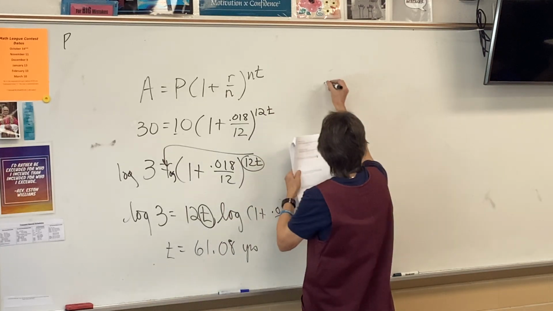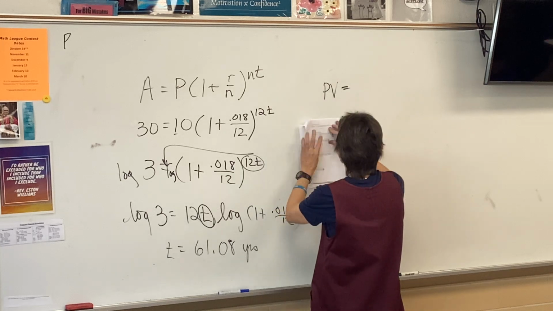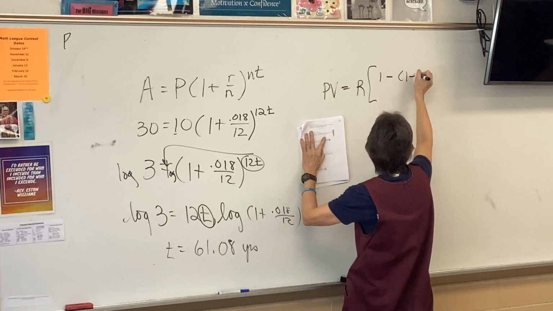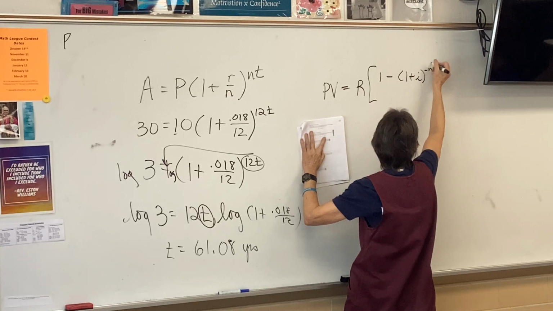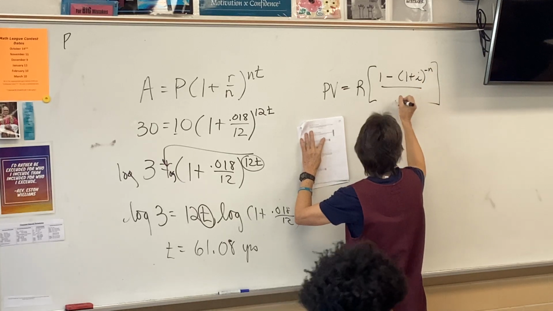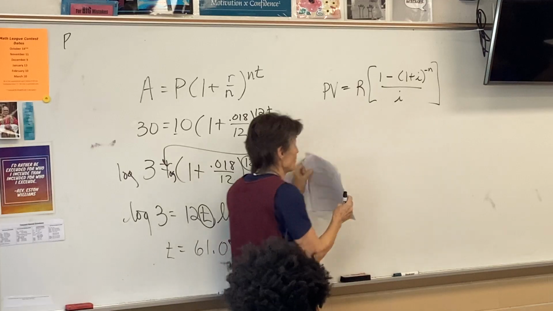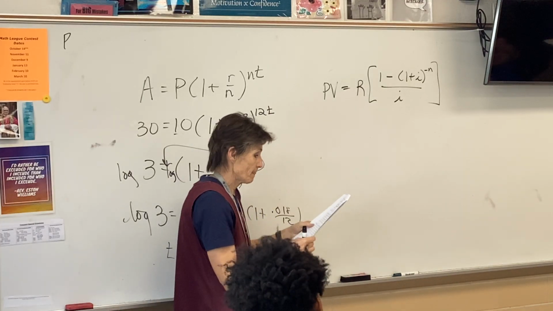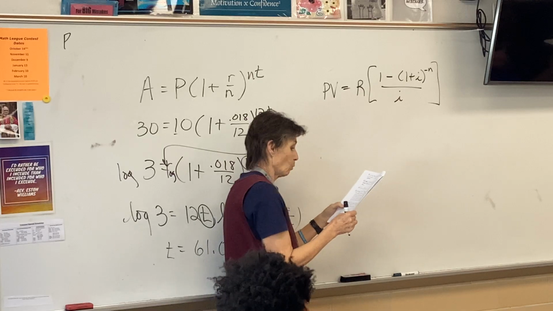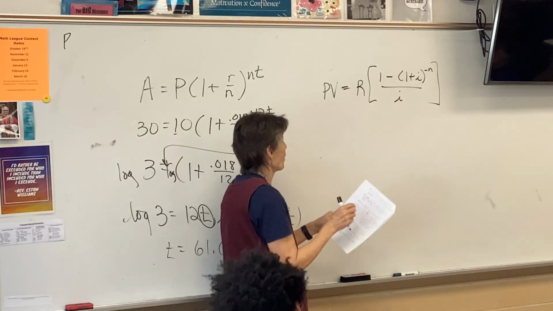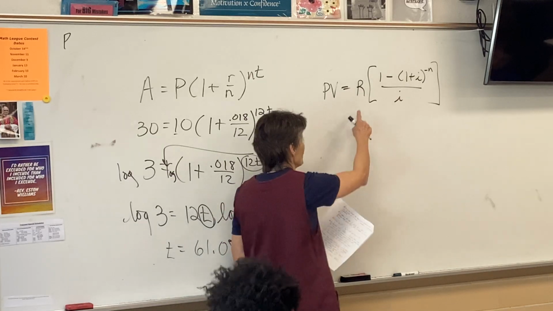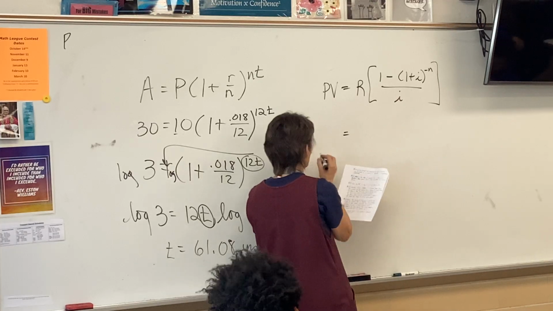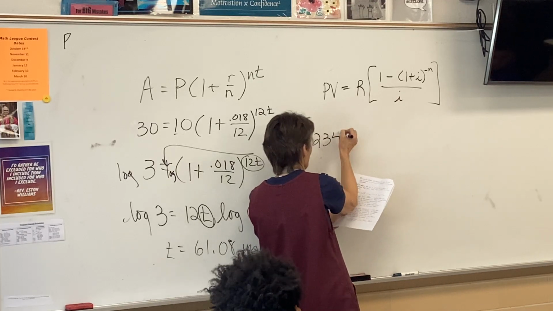So this one you will be given, I don't even have it memorized. All right, so there's the formula we're going to use. We want to know what our payment is going to be, so we want to know what R is. The present value of the loan is 1234.